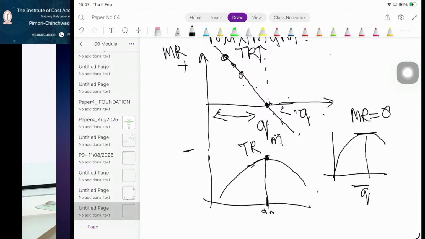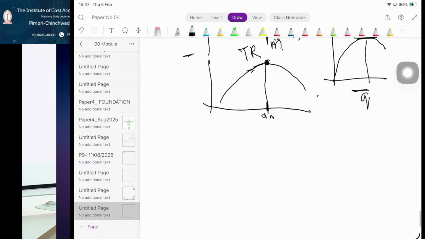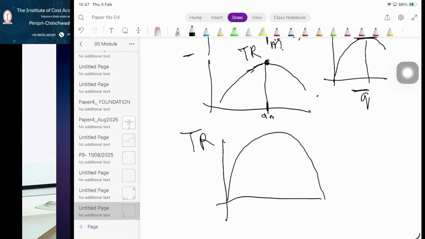Just keep this in mind whenever we are trying to draw a total revenue. It will be like this. And whenever this is the point of maximum, at this point MR will become 0.